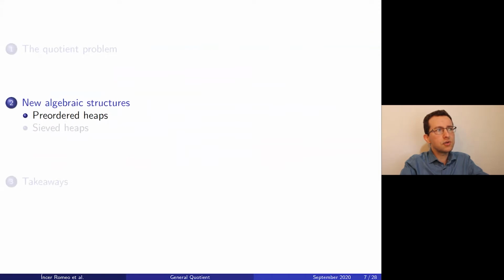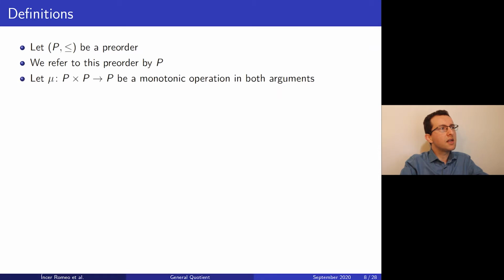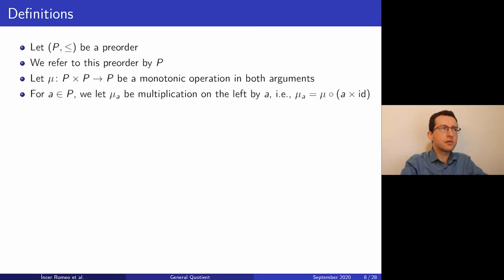We introduce two algebraic structures from this point on that will allow us to solve quotients over any preorders. First, some definitions and notation. Let P, less than or equal, be a preorder. We will refer to a preorder also by the name P. If mu is a binary operation in the preorder, we use the following notation.